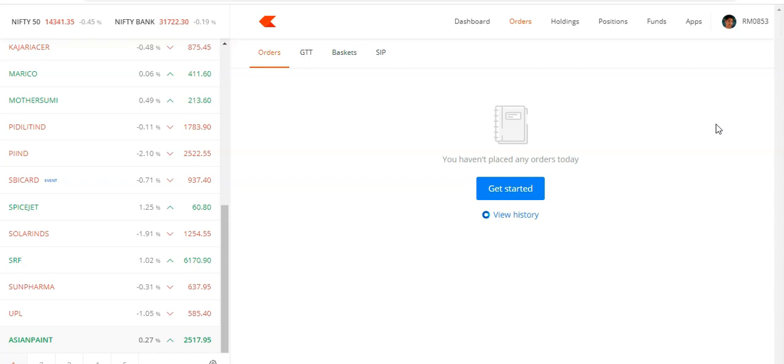Say for example, we have placed a GTT for 2100 and the price moved to say 2110 and your order goes into pending, you may decide to convert it into a market order and execute at 2110 also. You are losing just another 5 rupees, but that is a very good entry point. So it is always better to log in to check the order status.